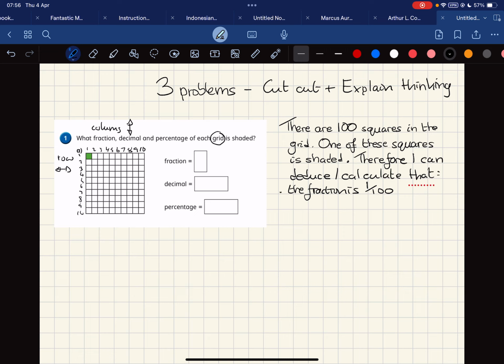Okay, a little bit of point there, a little one here. The decimal is, now be careful here because some people will put this 0.1, but actually that's wrong. Okay, because it's 1 part per 100.